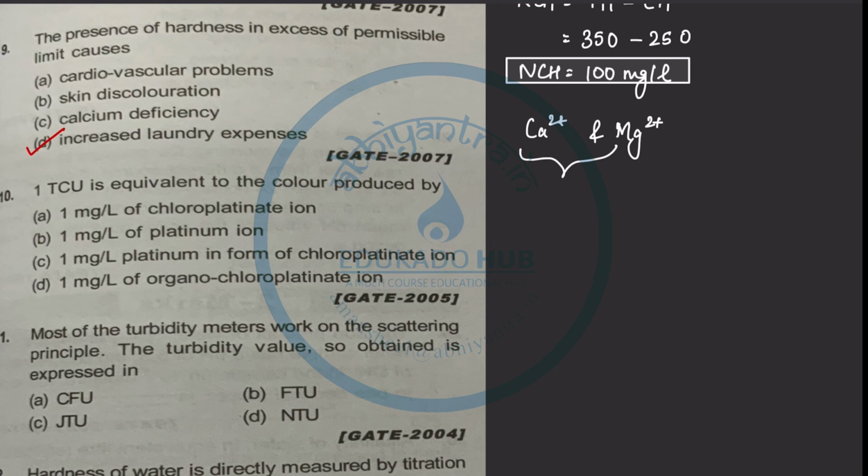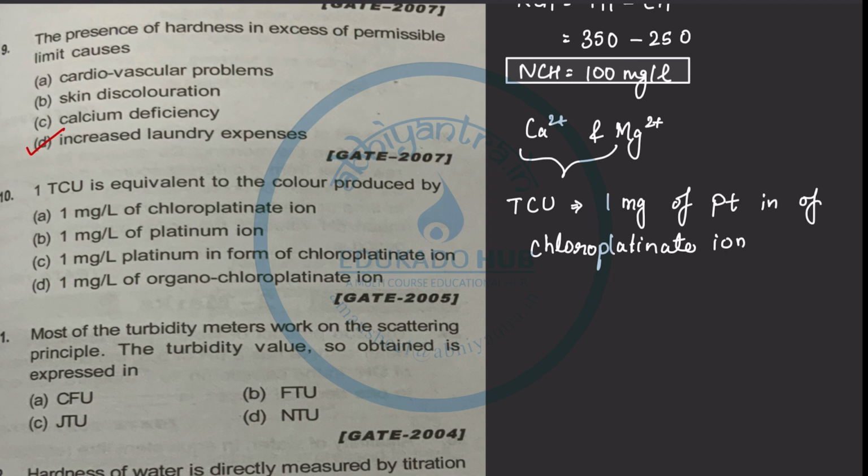TCU is the color unit, and it represents the color produced by 1 milligram of platinum in the form of chloroplatinate ion dissolved in 1 liter of distilled water. So the option will be C.